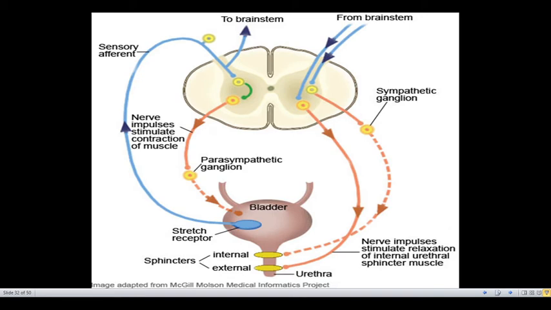And on your right hand, the figure shows the motor impulses from higher brain centers stimulating relaxation of internal and external sphincters, hence signifying the role of higher centers in the control of micturition.